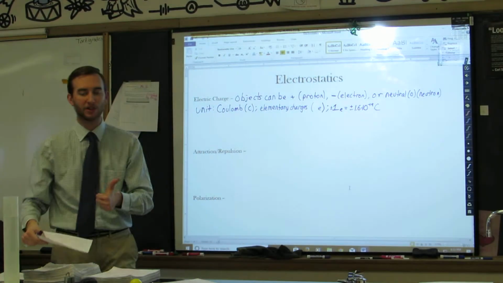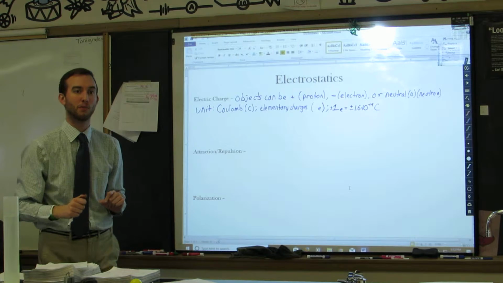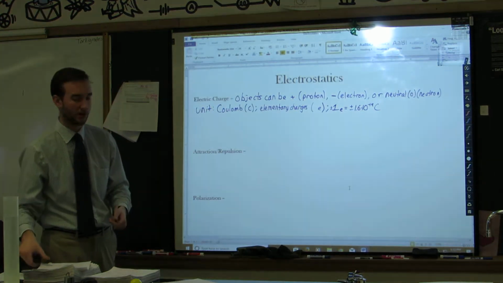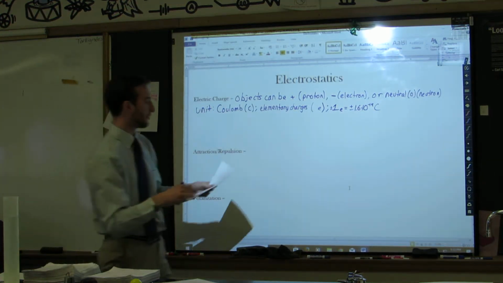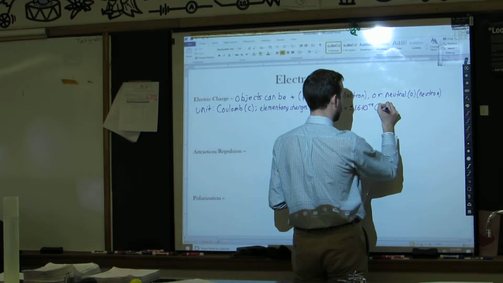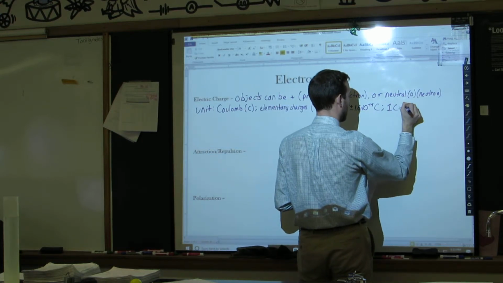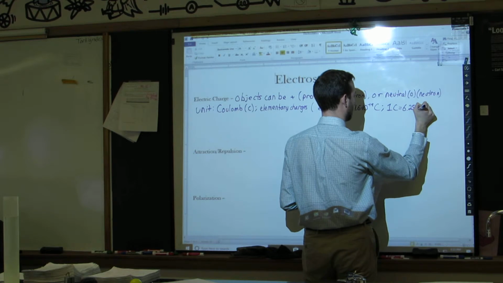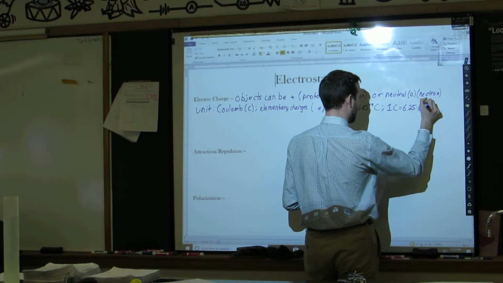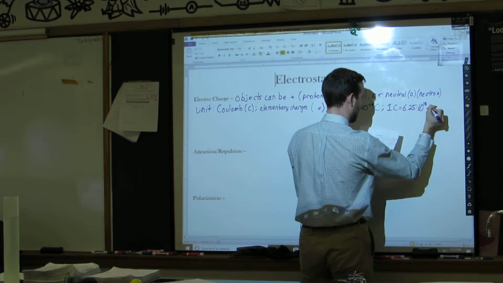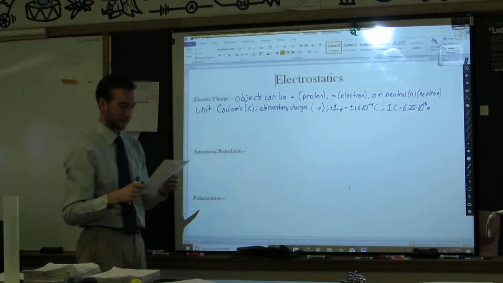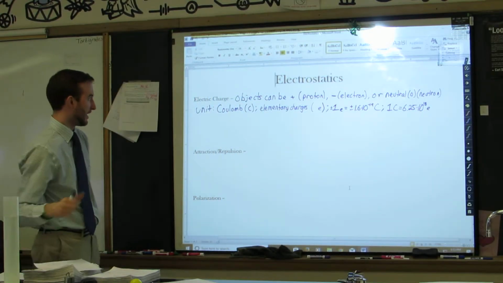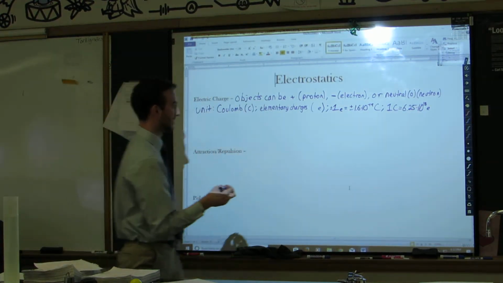So 1 elementary charge is a very small fraction of a coulomb. A coulomb is a lot of charge put together in one place. If you want the reverse, 1 coulomb is equal to 6.25 times 10 to the 18th elementary charges.